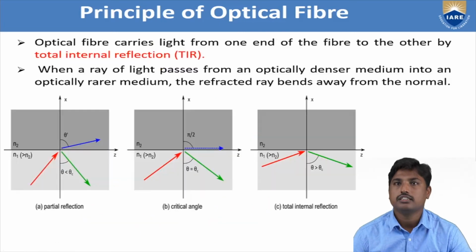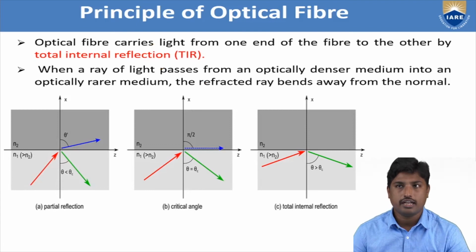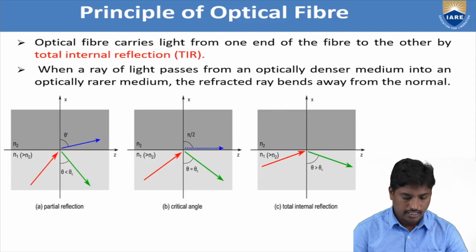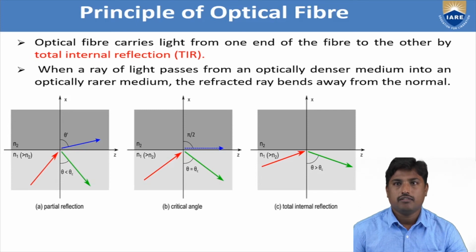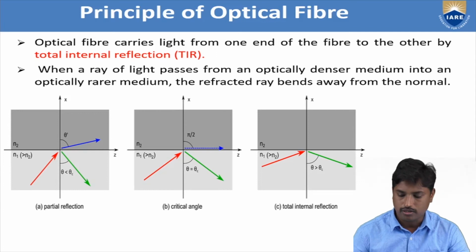Coming to the slides, the optical fiber carries the light from one end to the other end by the principle of total internal reflection. The three diagrams here represent the same thing I am explaining. When a ray of light passes from an optical denser medium to an optical rarer medium, the refracted ray bends away from the normal.